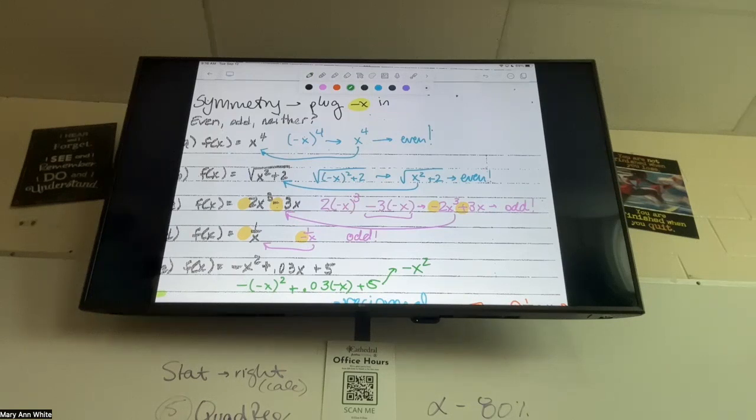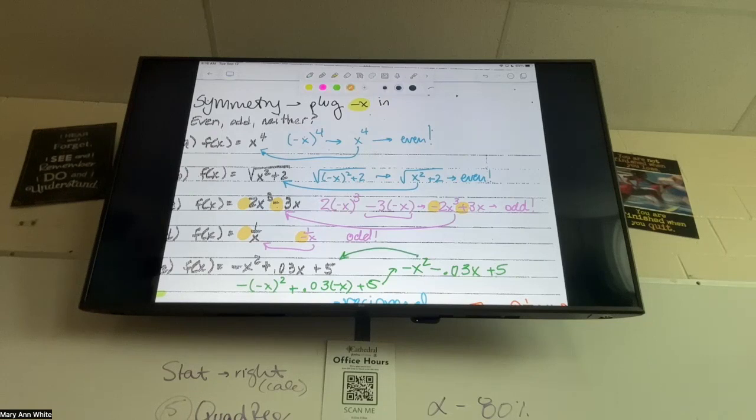Everybody okay with that? It's almost like too many negatives, but I think we figured it out. And then 0.03 times negative x will go negative. And then plus 5, no, that'll stay plus 5. Okay, how does this relate to how we started?